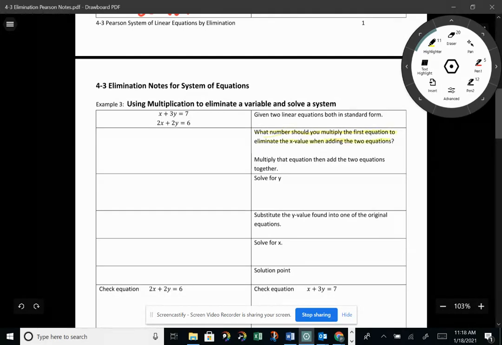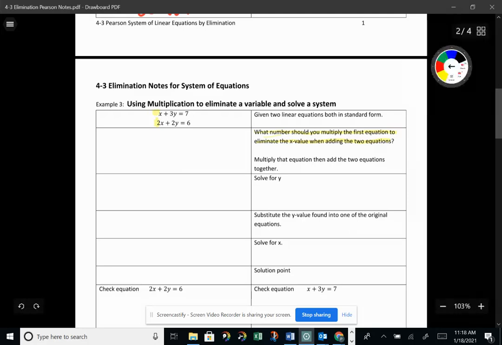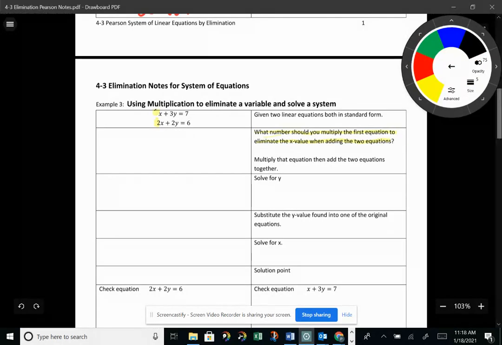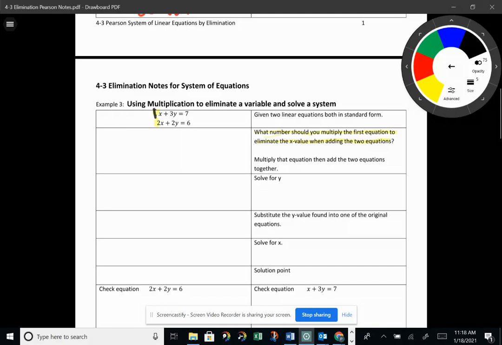So what I like to do, think about this. You think about the coefficients in front of those x's, and I just highlighted both of those yellow. That coefficient in front there is the same thing as saying 1x. So 1x plus 3y equals 7, and 2x plus 2y equals 6. So that when you add, these are going to become eliminated.